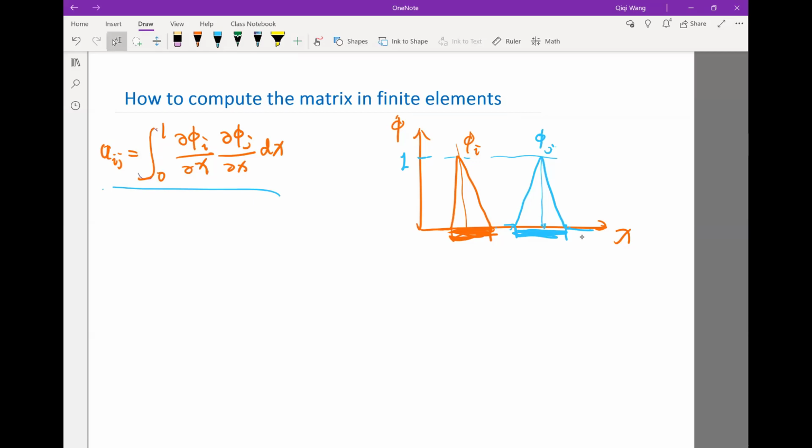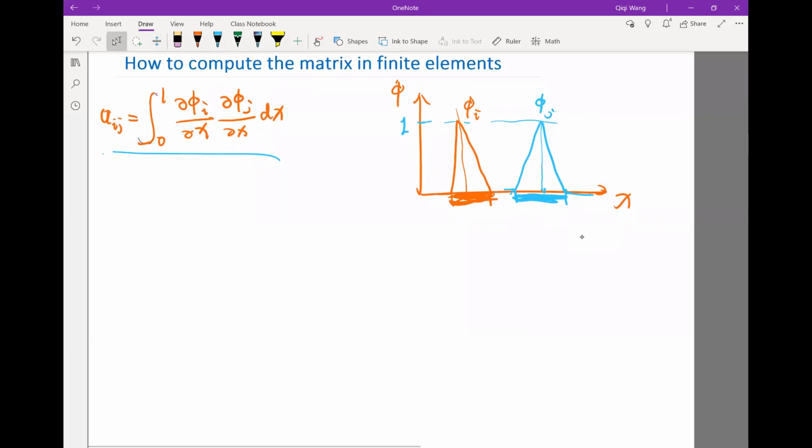Actually, even if there are two elements away, phi i is going to be like that, and phi j is going to be like that. So this is i plus 1, and this is i plus 2.